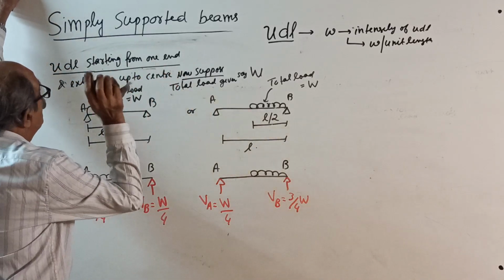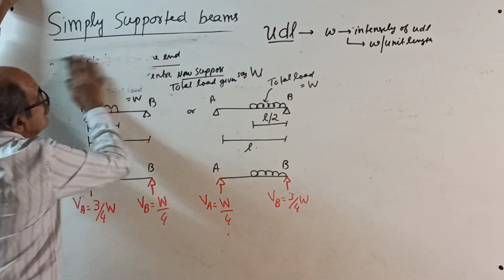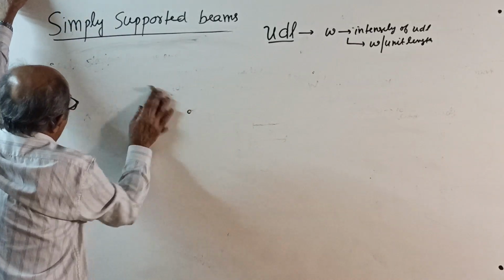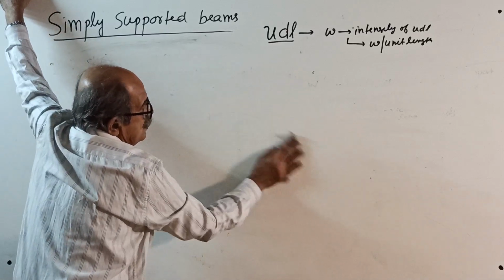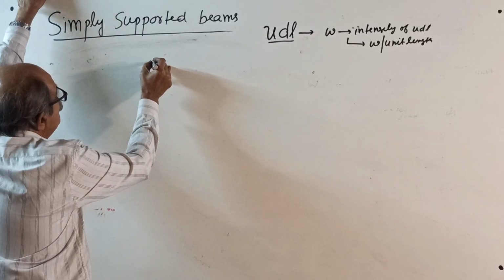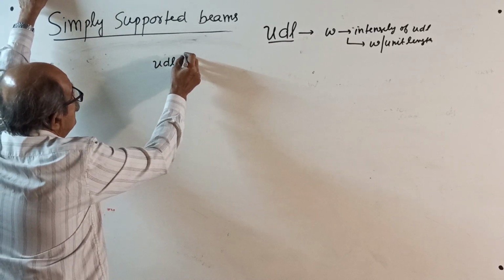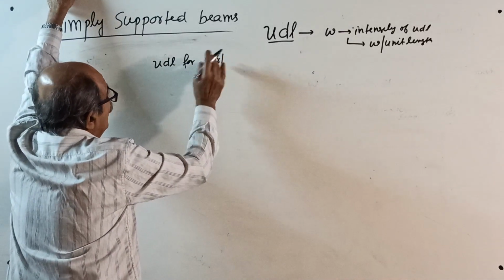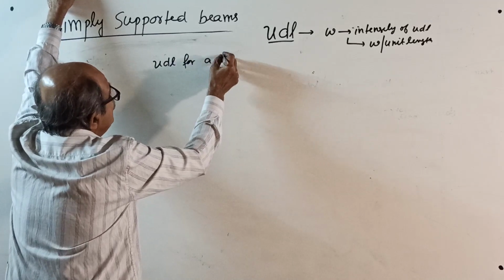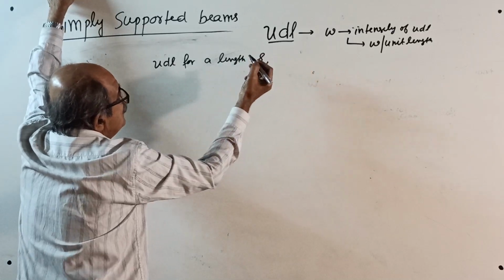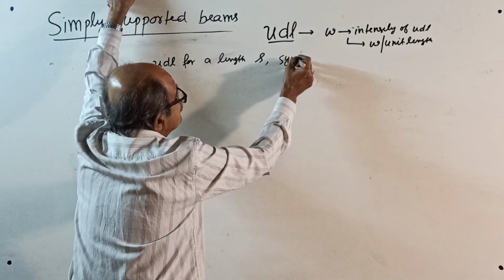UDL starting from one end over. Now, UDL for partial length, not for a length L, for a length S, but symmetrically placed.